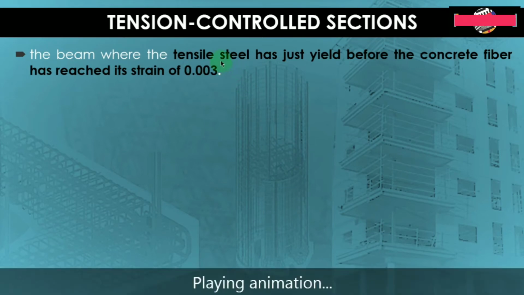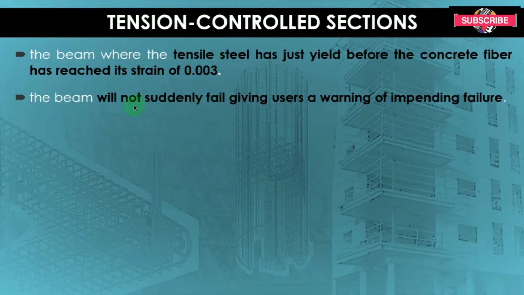And the beam will not suddenly fail. Take note of this one, the beam will not suddenly fail, giving users a warning of impending failure. So maganda ang design kung napabilang siya dito sa tension control, no? Kasi nagbibigay pa siya ng warning bago mag-fail yung beam, maybe through cracks, no?